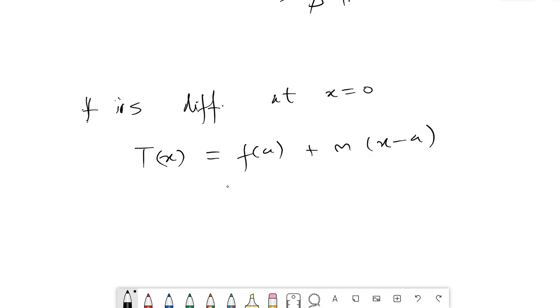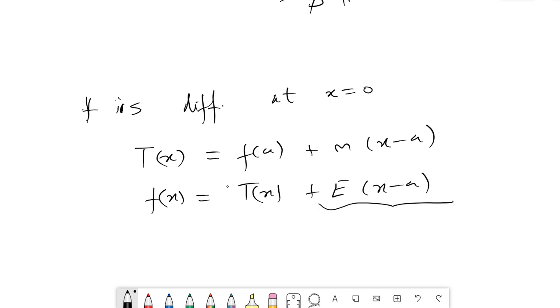Okay? Now, f of x will be equal, so that's a function, to this d of x plus the error. Okay? And this will be a sort of approximation error.